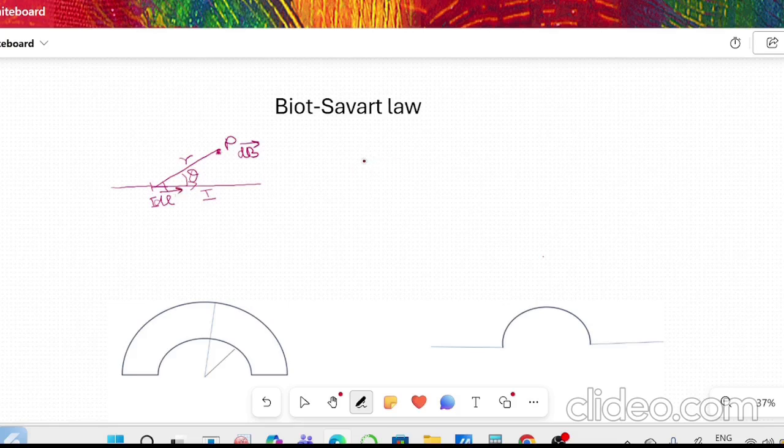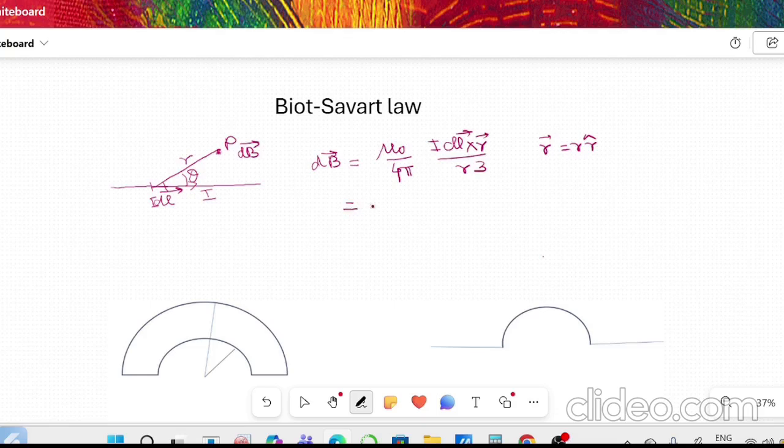According to the Biot-Savart law, delta B is given by a formula which is mu 0 by 4 pi, I dl cross r by r cube. Here r vector can be written as r hat, and r hat is the unit vector in the direction of r.